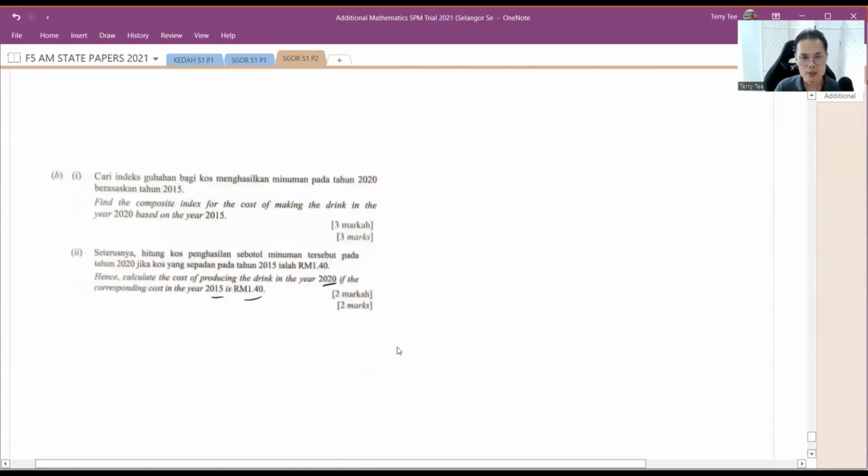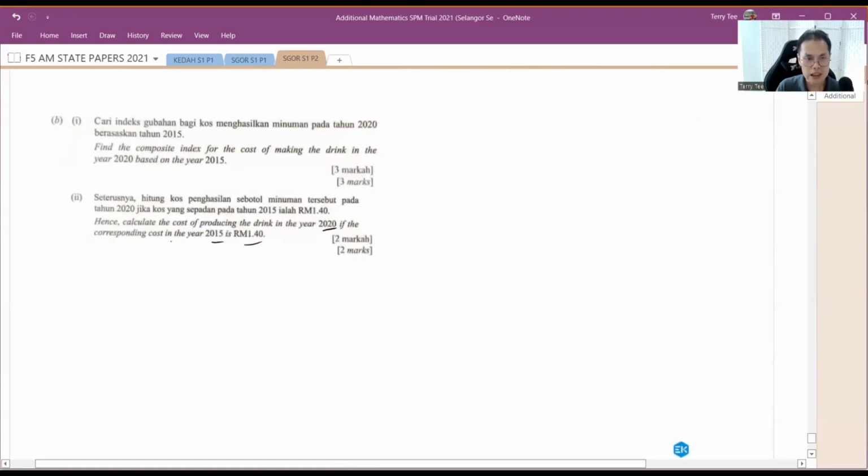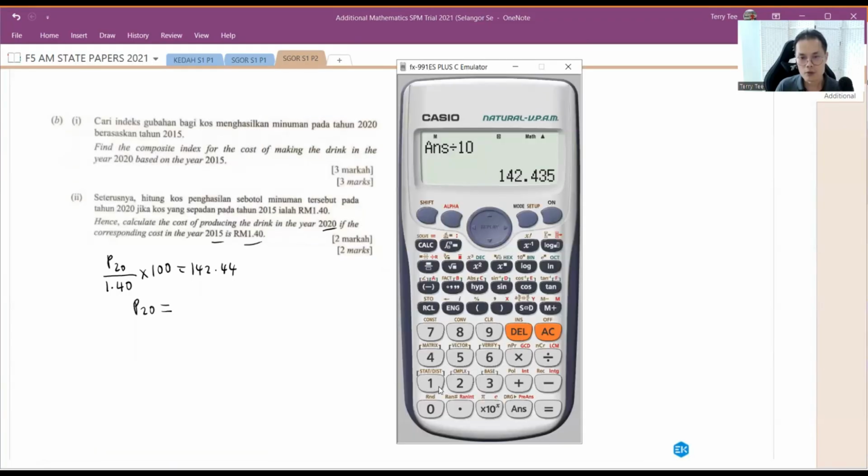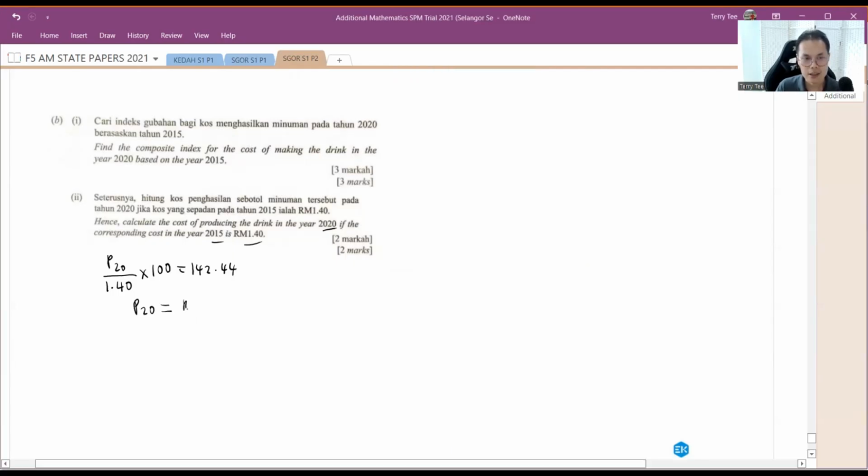The cost in 2015 is 140, and the cost in 2020 is unknown. So the price in 2020 is 142.44 times 140 divided by 100. I got 199, that is RM 1.99.